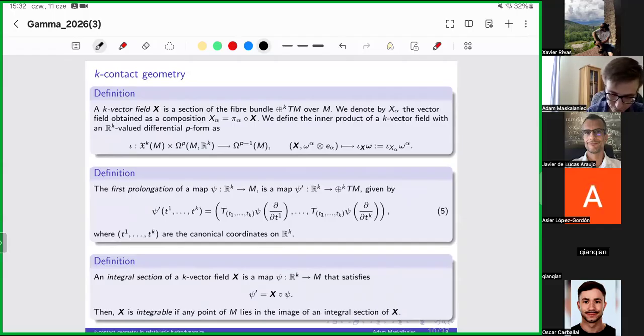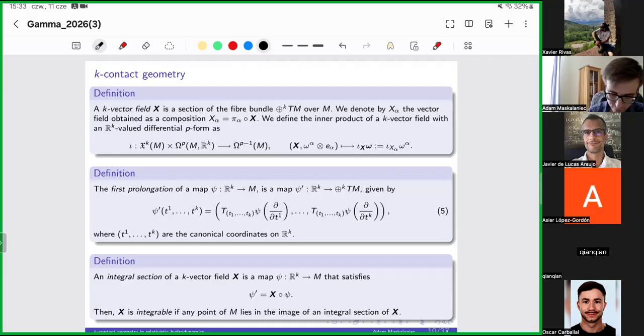So a K-vector field is just a section of the fiber bundle, the K times the direct sum of the TM over M. So in fact, this K-vector field is just a collection of K ordinary vector fields. And I write X_alpha for the composition of pi_alpha with X. So it's the alpha component of our K-vector field.